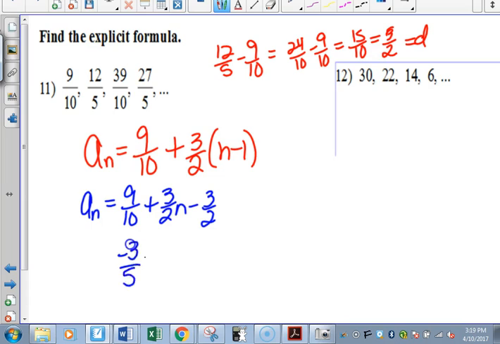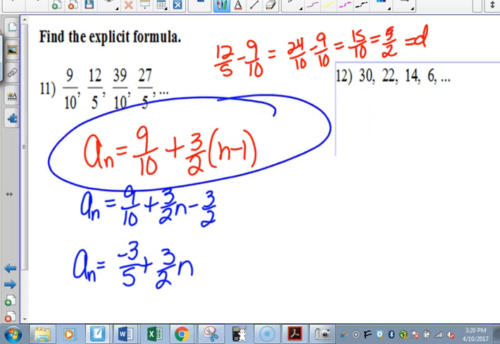Yep. Is that right? Someone checking? You can do it with a math enter on your calculator, right? 9 tenths minus 3 halves, math enter, gives you negative 3/5. But this is okay too, as far as I'm concerned.